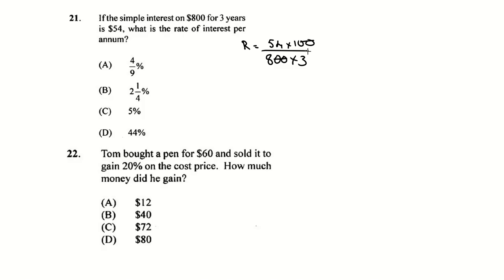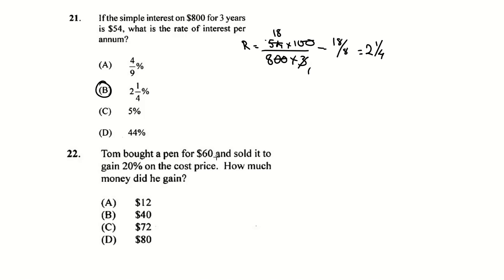Cross that out, cross that out. 3 into 3 is 1. 3 into 54 is 18. Then 18 over 8 would be 2 1/4, which is B.